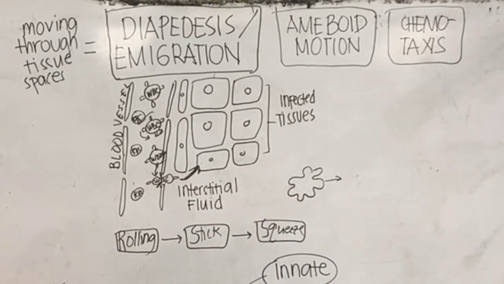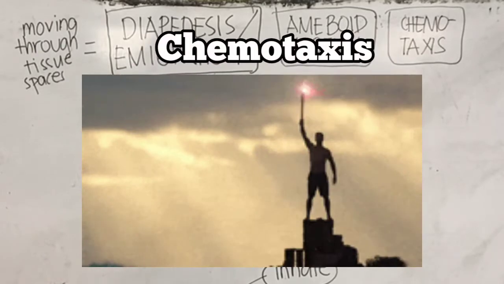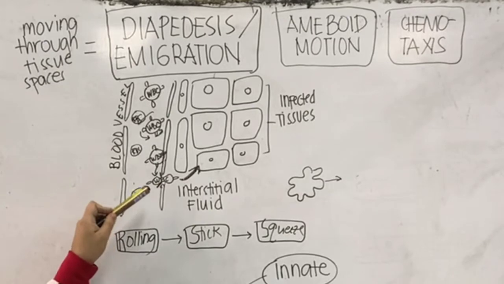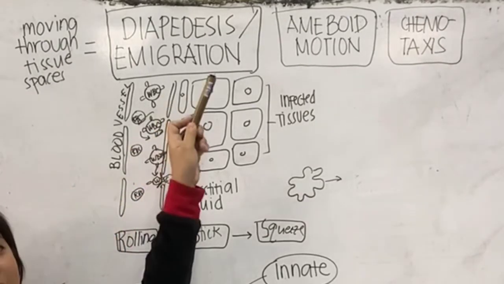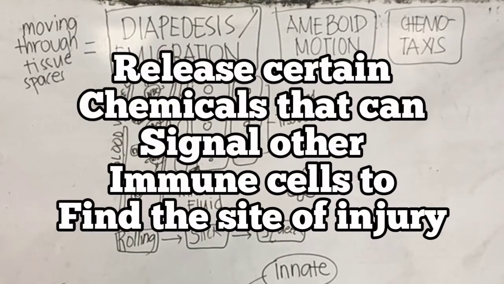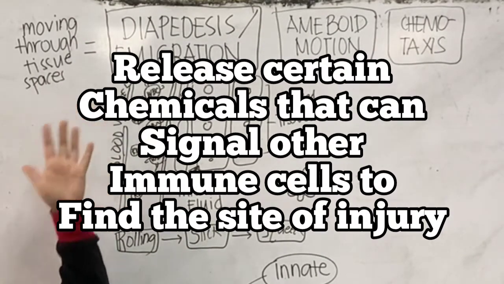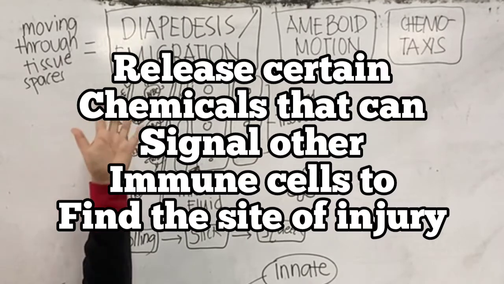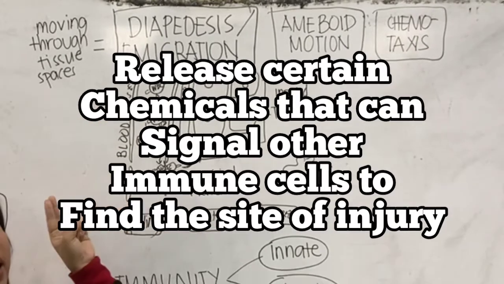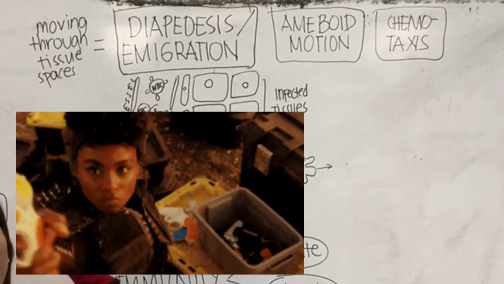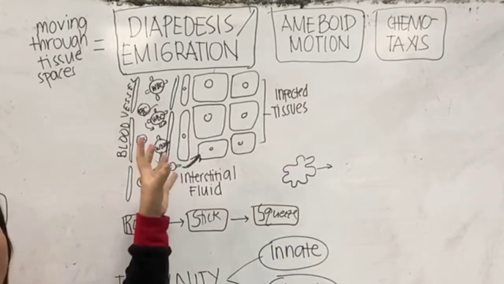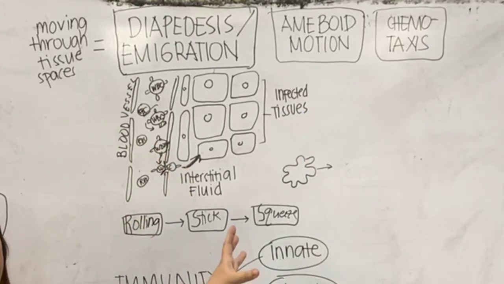And lastly, we have the process of chemotaxis. What does that mean? This just means that when, for example, a white blood cell has gone to the infected tissues, it can release certain chemicals that signal other white blood cells or immune cells to respond to the situation. This is like a homing device or signal so the other cells know where to go.